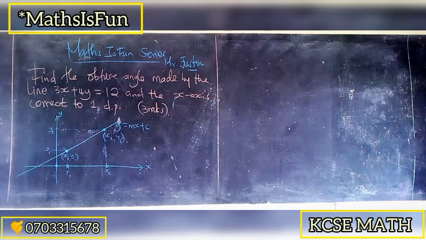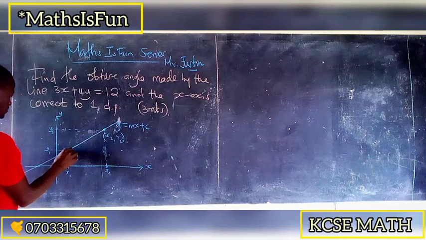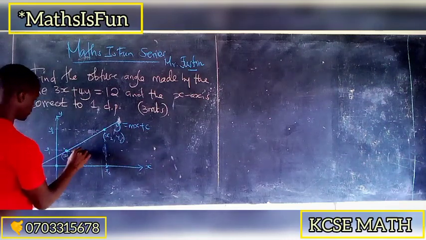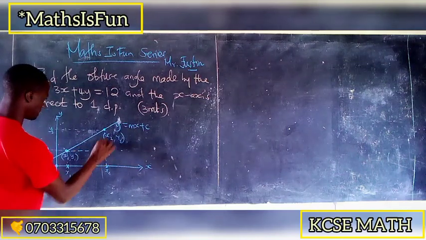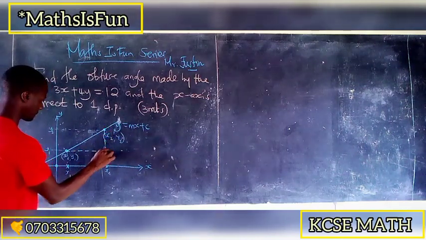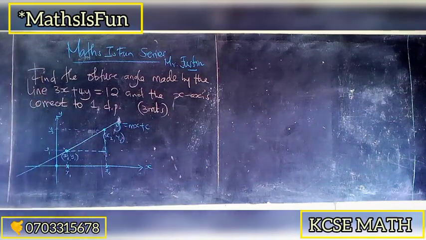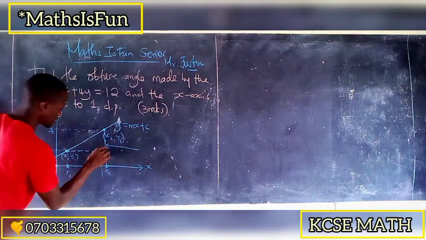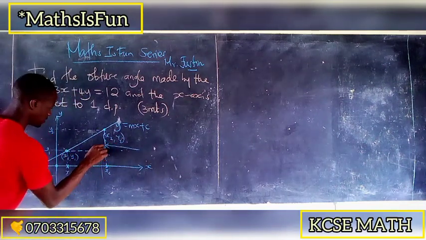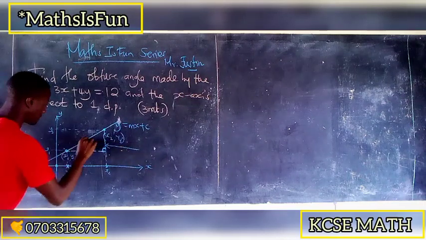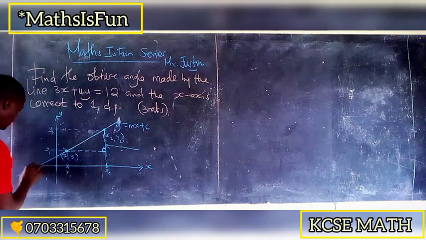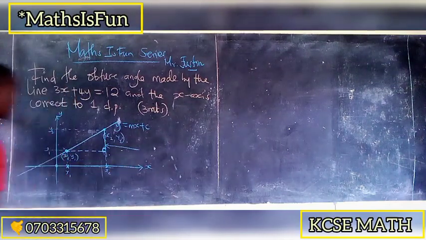Now, it means if we have, let us say from x1 to x2, the first coordinate to the second one, if we have our triangle like this, the displacement here, let us say this is definitely a right angle triangle, and this triangle will be similar to the triangle that can be made by this line and the x-axis.